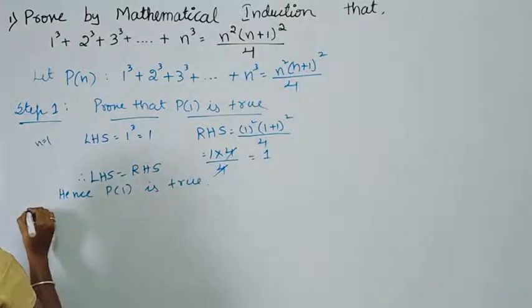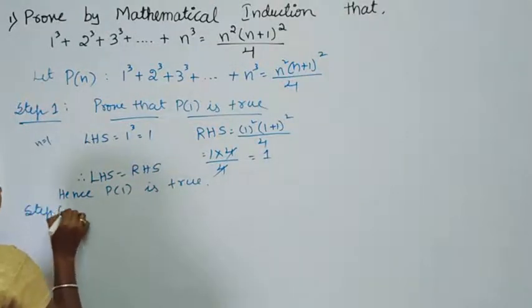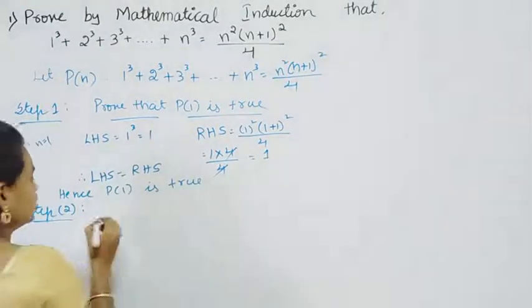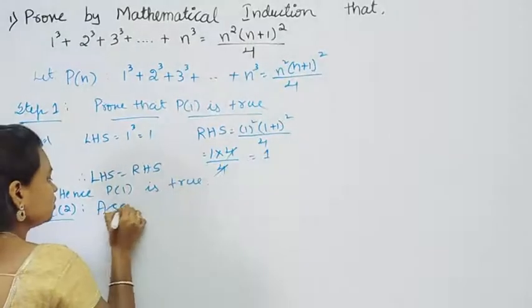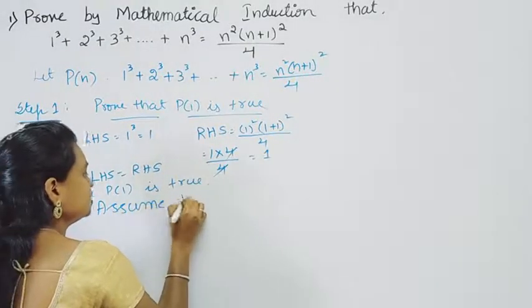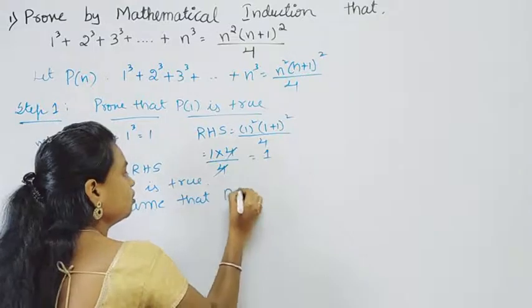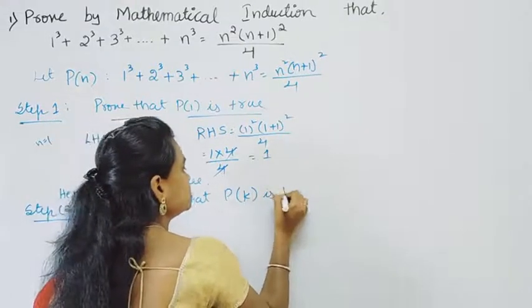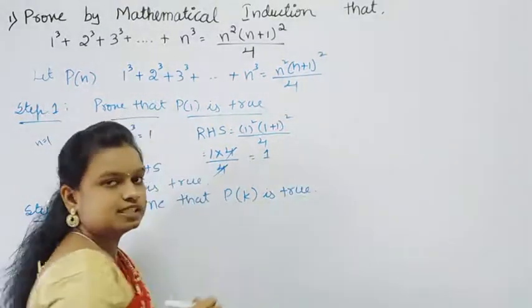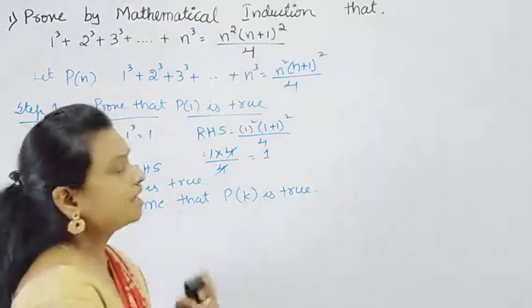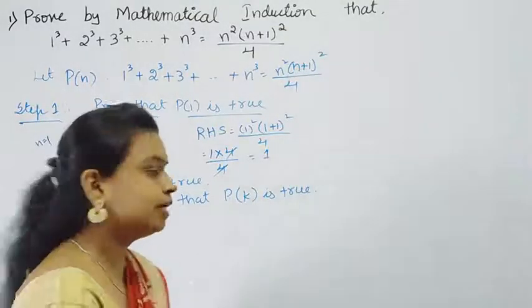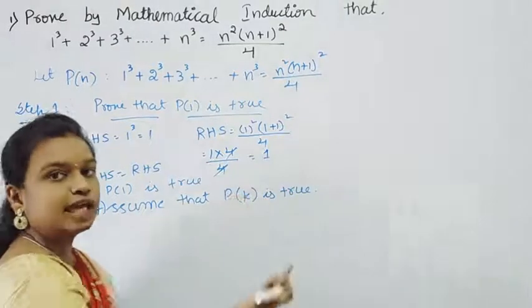Then what is the second step? Step 2 is: assume that P of k is true. This is our second step. We have to assume that the given statement is true for some k. That is, assume that P of k is true.